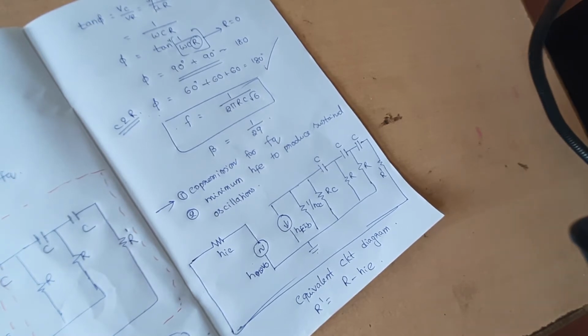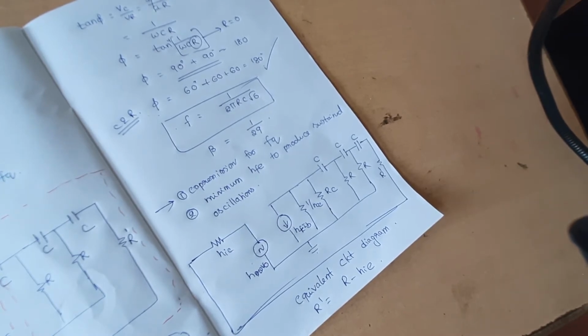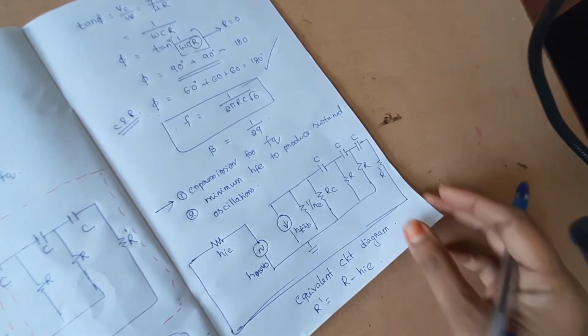Don't bother that different textbooks have different types of analysis. This one is a very simple and easy to remember analysis. Okay, next, we follow this for the exam point of view.